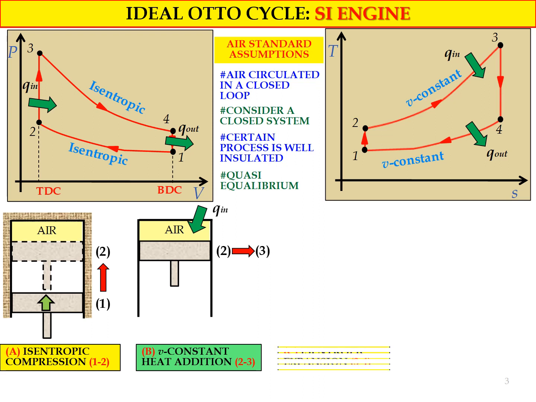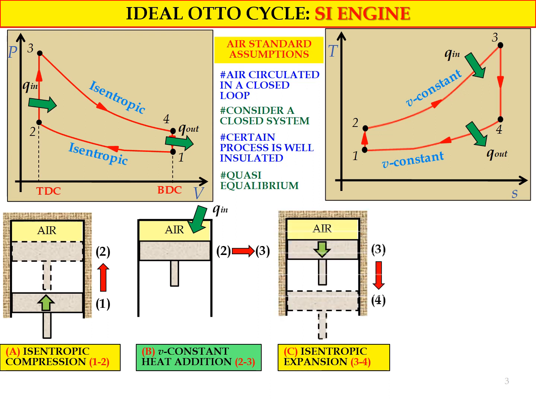Okay. The third process, we call process C, describes the isentropic expansion process. Isentropic because the value of S3 equals S4, and during the process we have an expansion process where the volume of air inside the cylinder increases, the piston moves downward, due to the high pressure and also high temperature after the heat addition process.